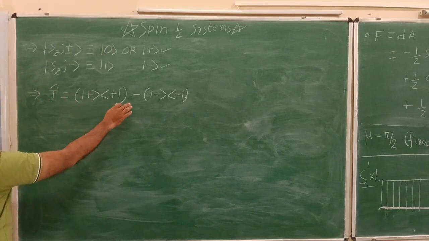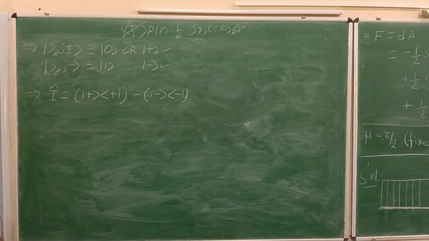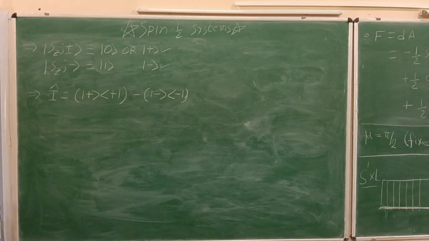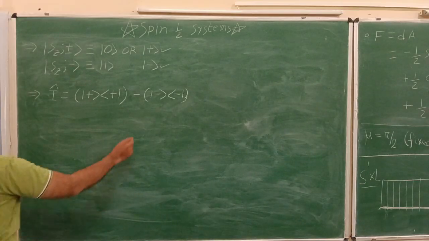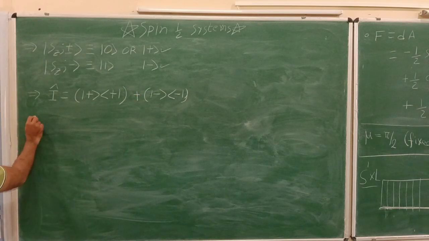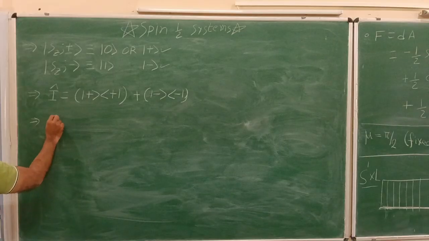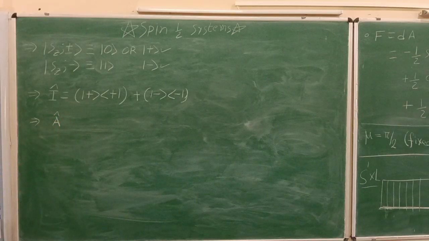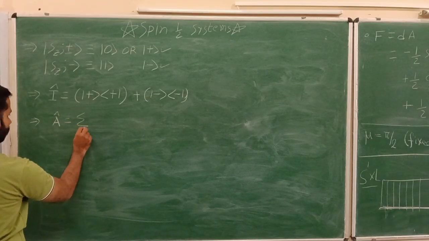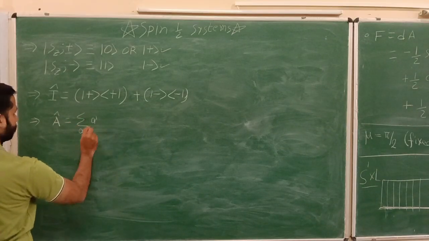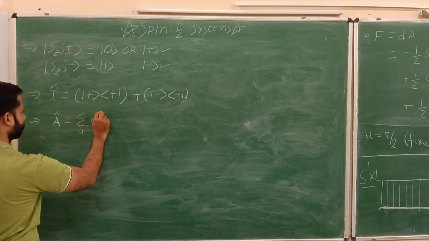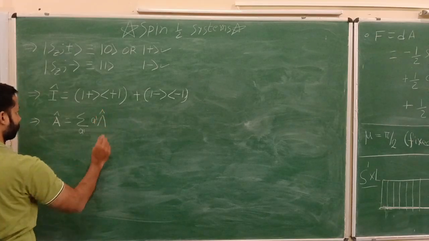Projection operators, plus and minus eigenkets, summation of eigenkets basically with their respective eigenvalues. Sorry, just summation. And now if there is an operator A, we know that it can be represented by its respective eigenvalues and the projection operators, something like this.